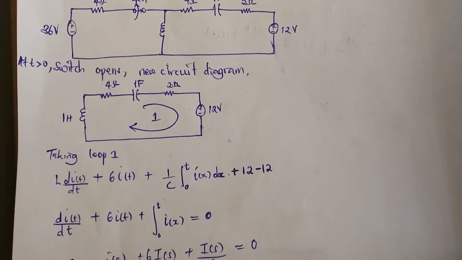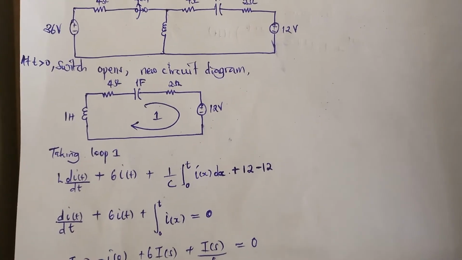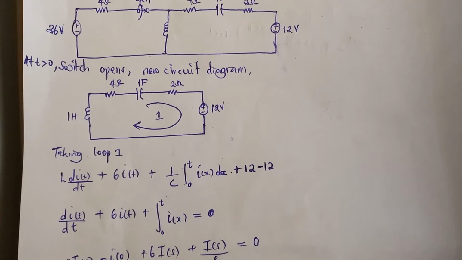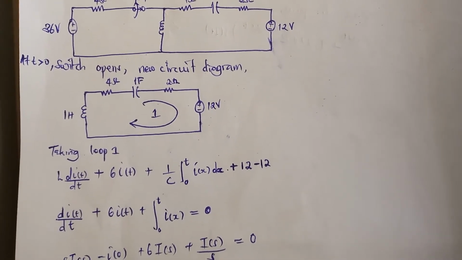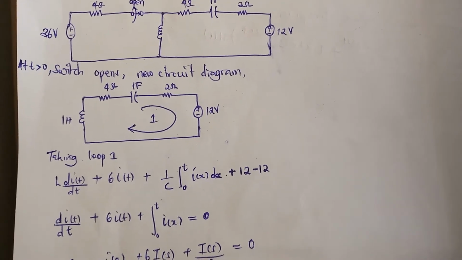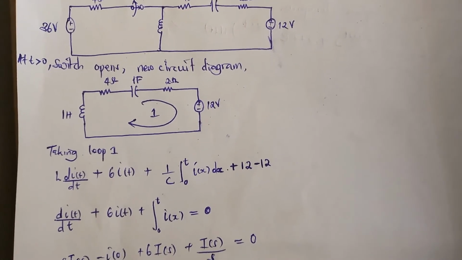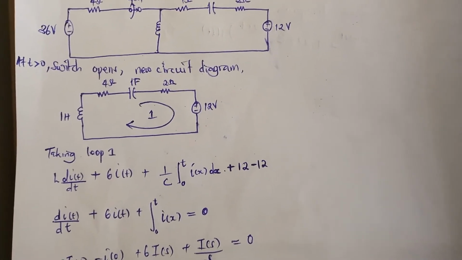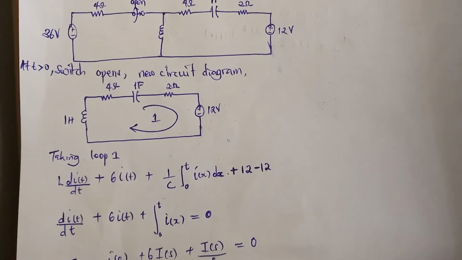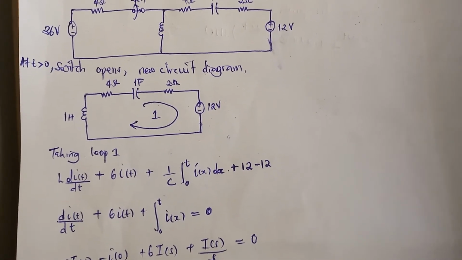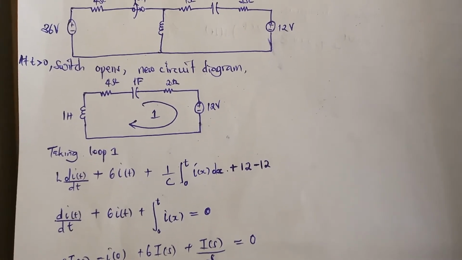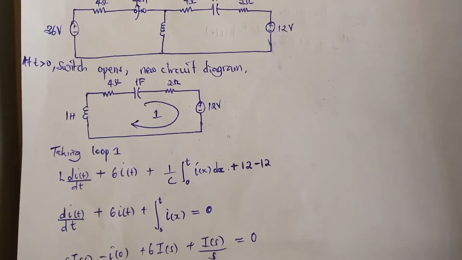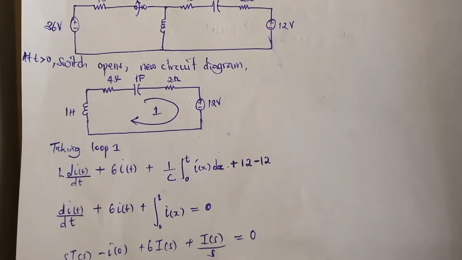We get the voltage across the inductor plus the voltage across the 4 ohm resistor plus the voltage across the 2 ohm resistor plus the voltage across the capacitor plus the 12 volt source, which all sums to 0.